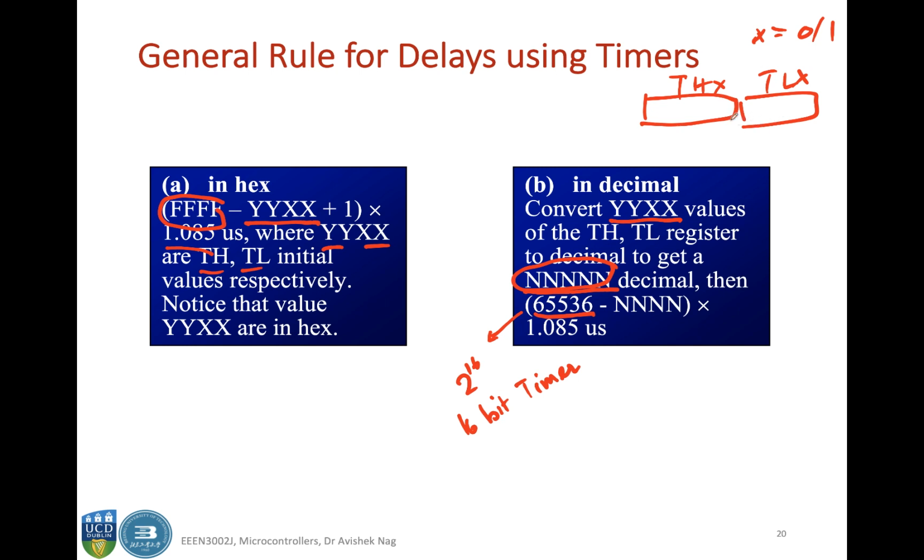Let's say TH contains YY and TL contains XX. So YYXX will give you some decimal. So 65536 minus that decimal, times 1.085 microseconds, is the total delay. So you can calculate it in both ways.